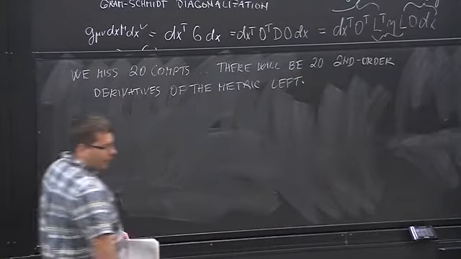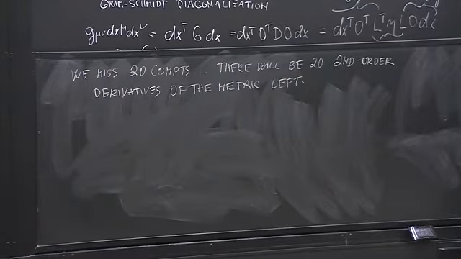That means I can get rid of almost all second derivatives but 20.